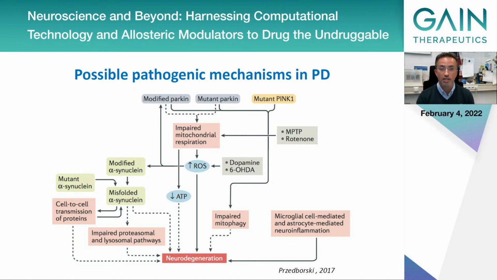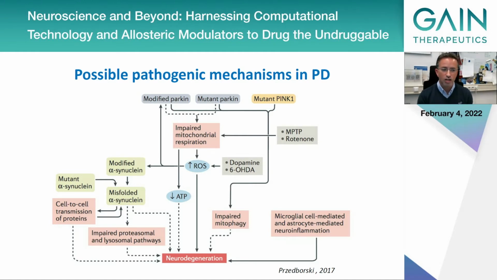Here you see that on the left side, this protein alpha-synuclein is mentioned a lot. So we can have mutations in this protein leading to familial forms of disease. You can have certain modifications like the phosphorylation on serine 129 that we think may be associated with pathological forms of alpha-synuclein.